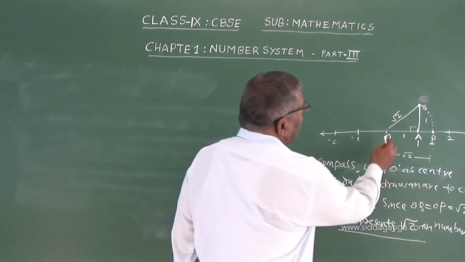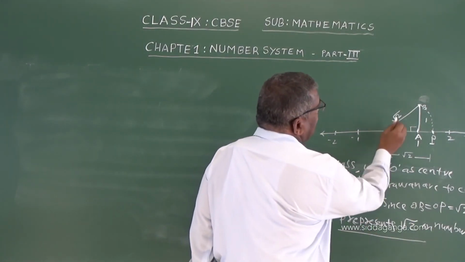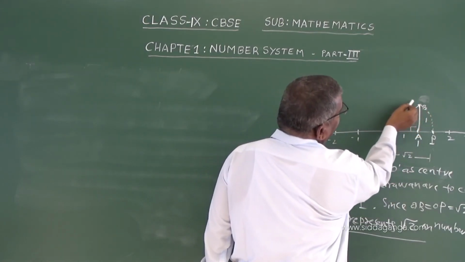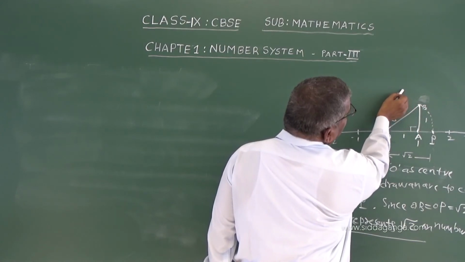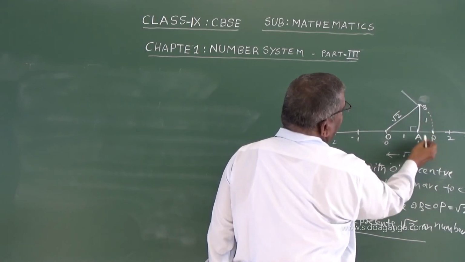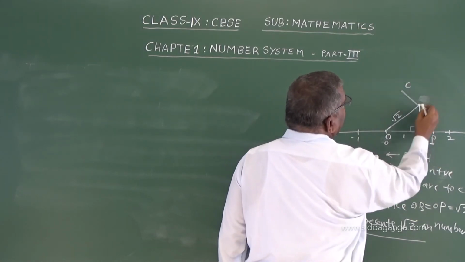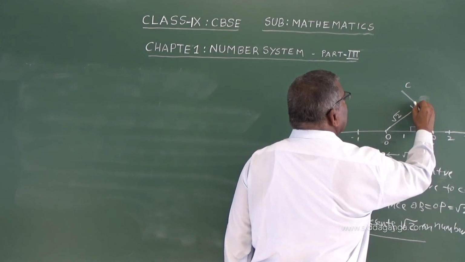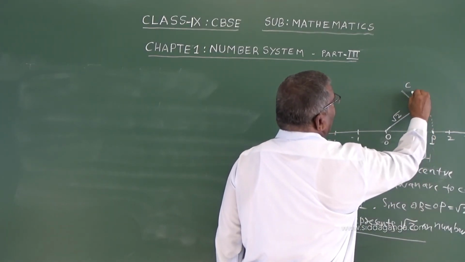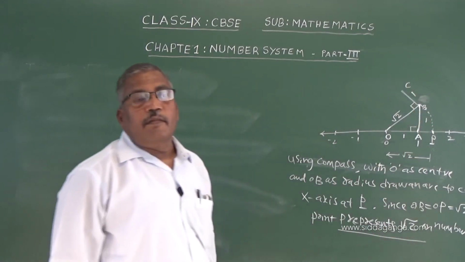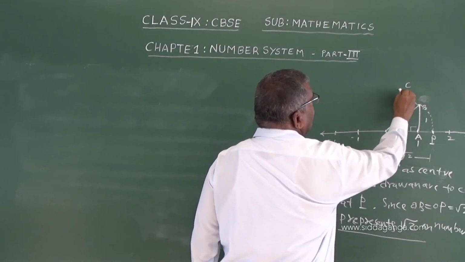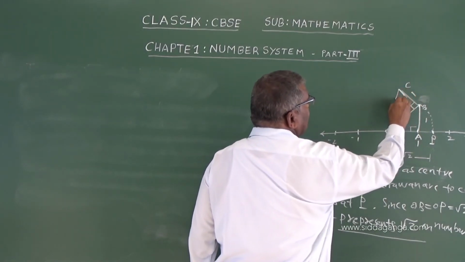Observe here, at point B, draw a perpendicular to OB. Let this point be called C, let us say. Here, this angle is 90 degree and BC must be equal to 1 unit. Now, join OC.